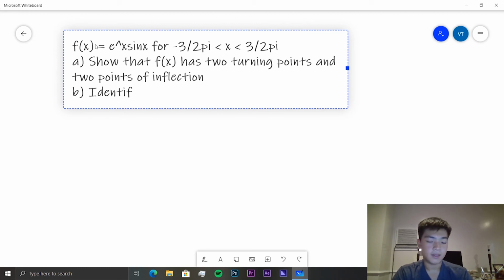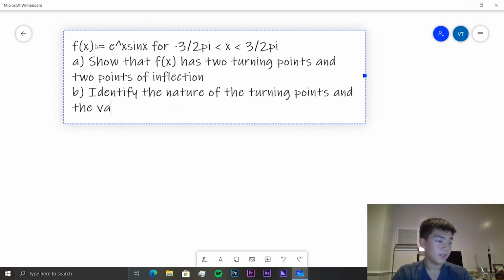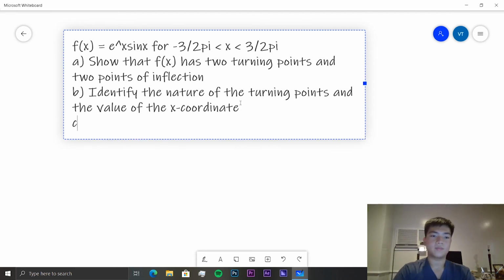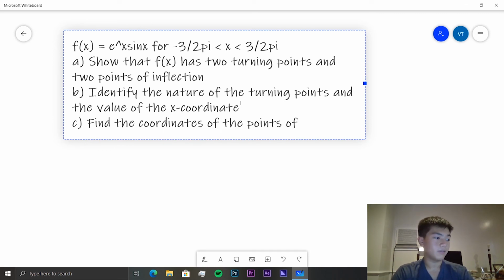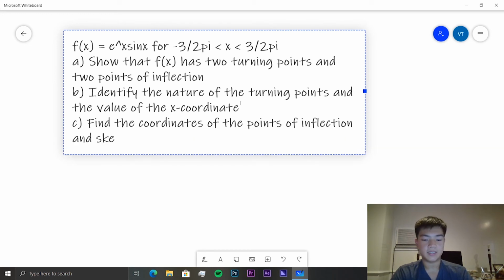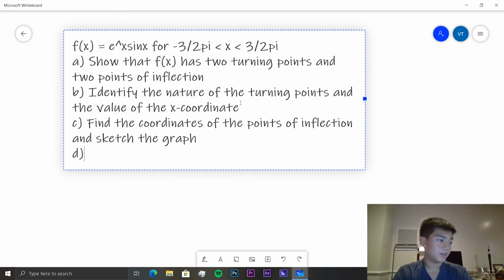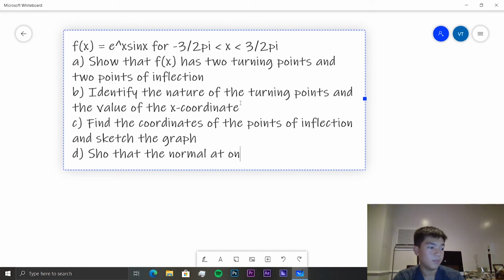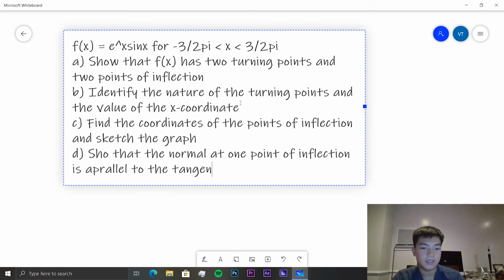Next, identify the nature of the turning points and the value of the x coordinate at each one. Next, find the coordinates of the points of inflection and sketch the graph. And finally, show that the normal at one point of inflection is parallel to the tangent at the other.